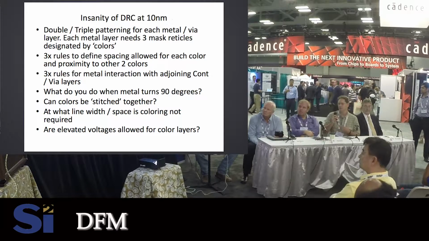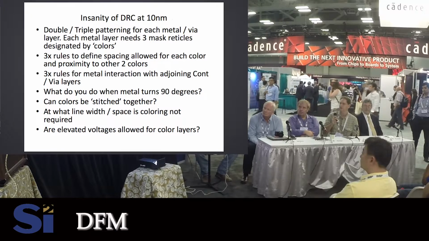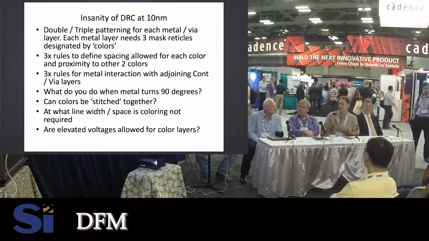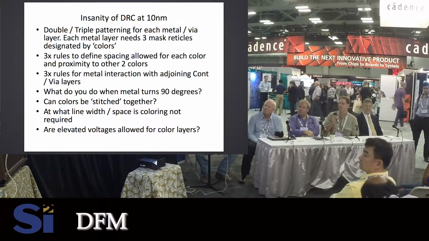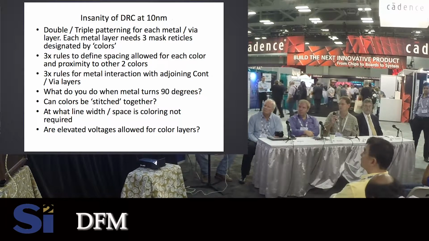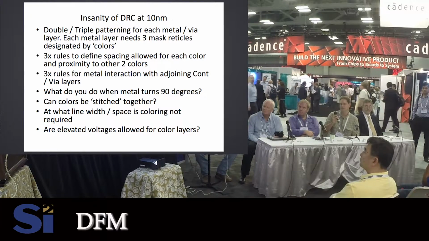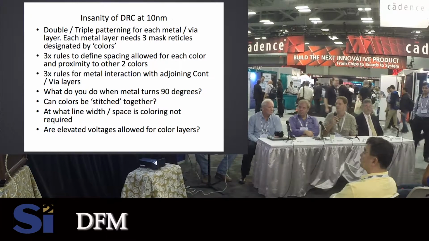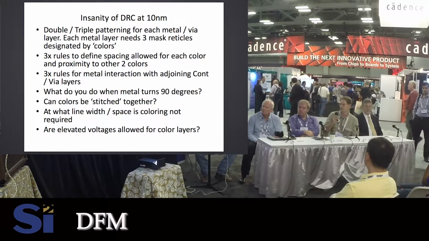And then there's questions about, well, you're looking at the coloring for minimum metal pitch, but at what point do you not have to worry about the coloring and the different patterning for the 3 different colors? So at what point does that not be a concern? And then at what elevated voltages can those different metal layers handle?